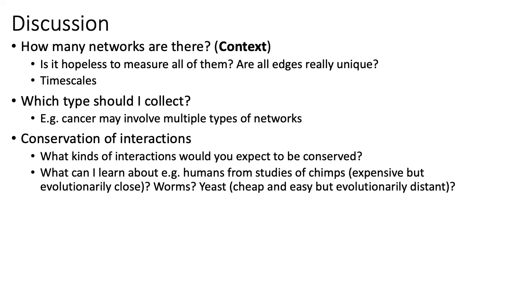And the final question I want to leave you with is the question of conservation of interactions. I briefly mentioned that genetic interactions seem to be poorly conserved, at least between different yeast species. One of the primary reasons why model organisms are model organisms is because people hope that the interactions and the regulatory behaviors at the molecular level that you can learn from model organisms like mouse might also exist in humans as well.